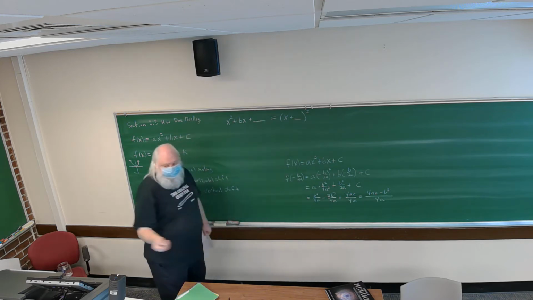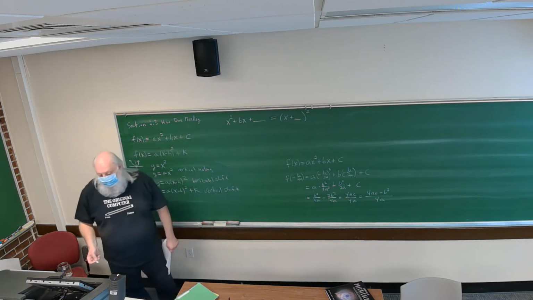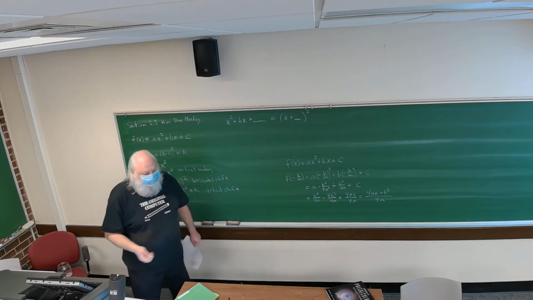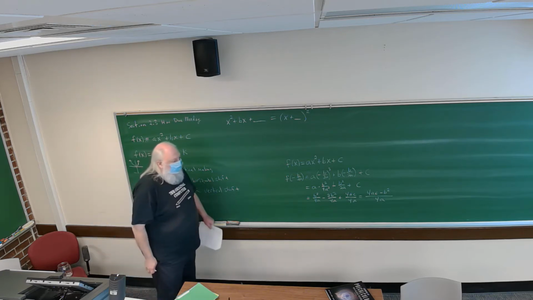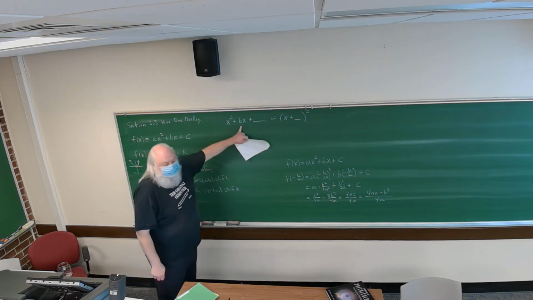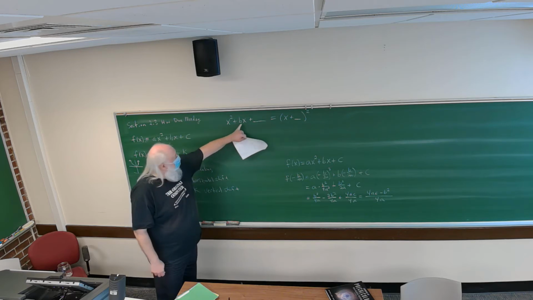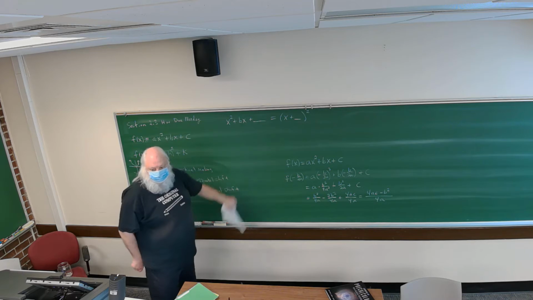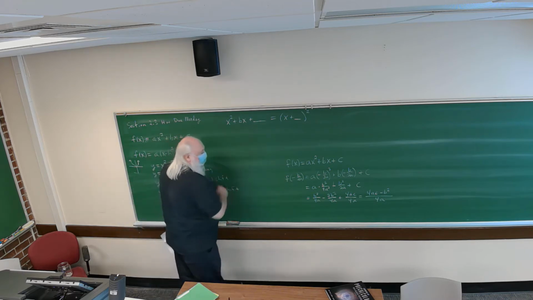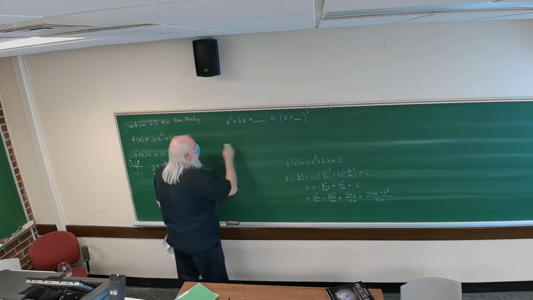Well, you know from the section on circles, in order to write the equation of a circle in standard form, we took the number in front of the x, divided by 2, and squared it. That's what we added to both sides of the equation.